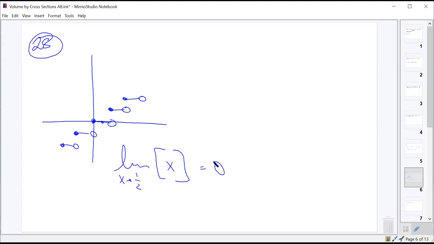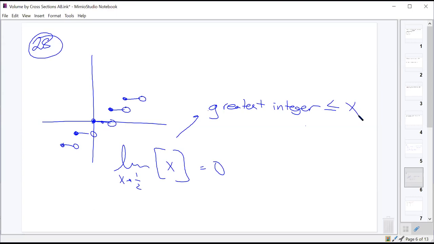The greatest integer function means the greatest integer less than or equal to x. So if x is a half, the value of this function is 0, because 0 is the largest integer that is less than or equal to a half.